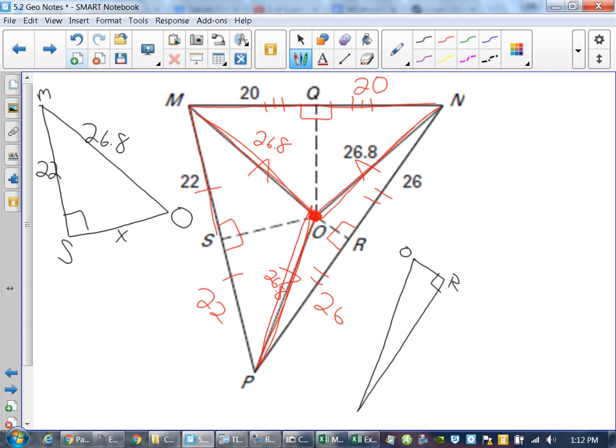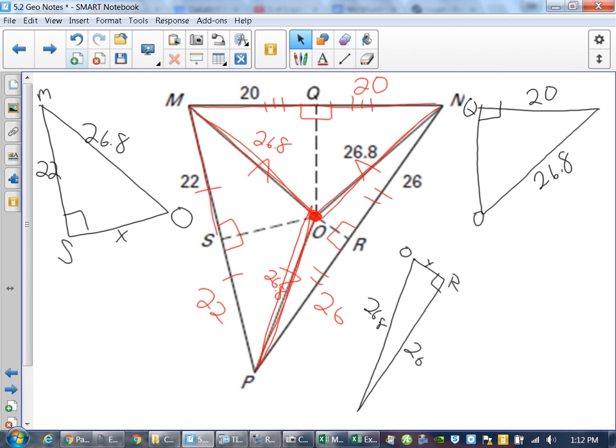There's OR, call that Y, 26.8, and 26. So use the Pythagorean theorem. Find those three other missing segments real quick. Round it to 2 decimal places. We'll check your rounding.